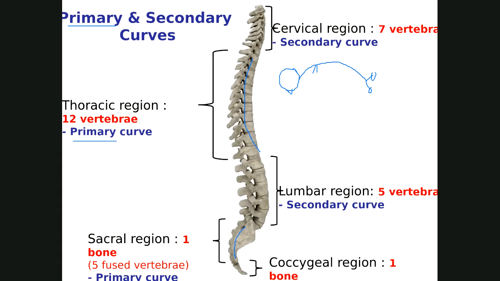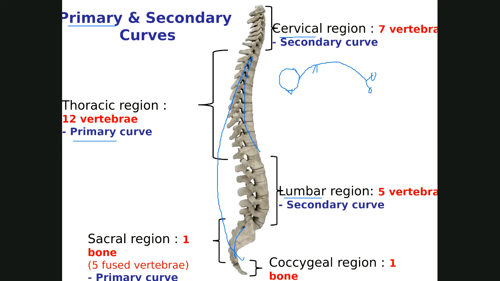It's almost like one big curve here, except the lumbar curve is curved in an opposite direction. When you develop your secondary curves, the cervical is a secondary curve and the lumbar is a secondary curve.